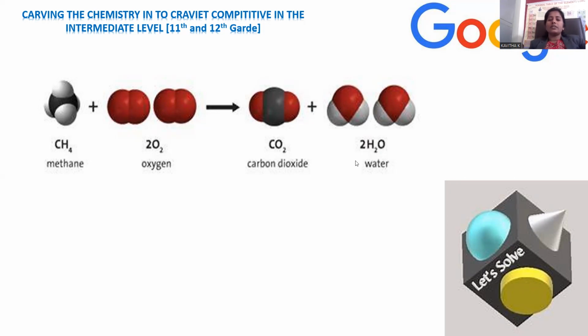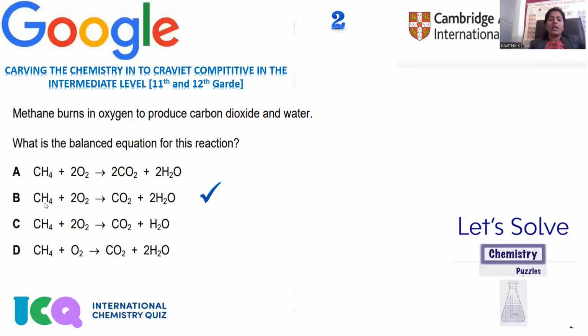This is the balanced equation to be written, and that is available in option number B. This is about the law of conservation, and you can find an equal number of atoms on the left and right-hand side in the balanced equation. This is about what? Combustion of methane, right? For question number 2, option number B will be the correct answer.